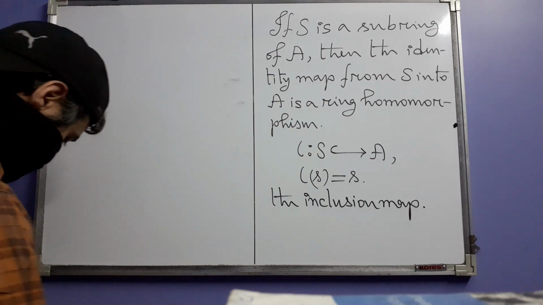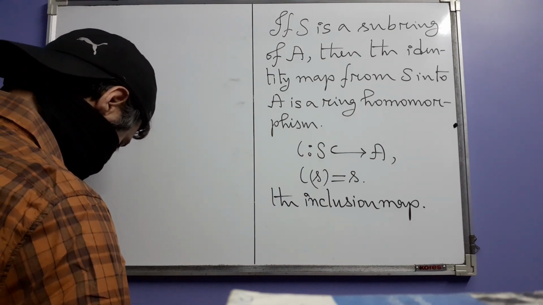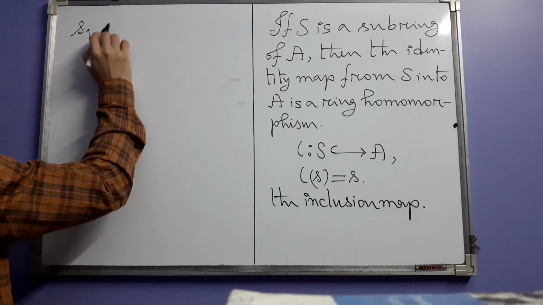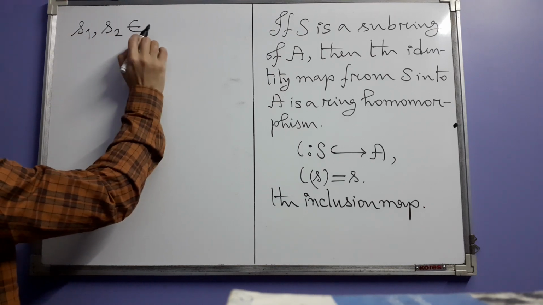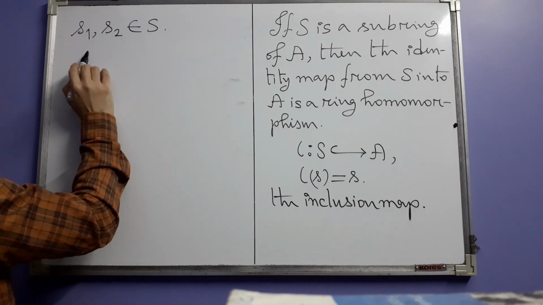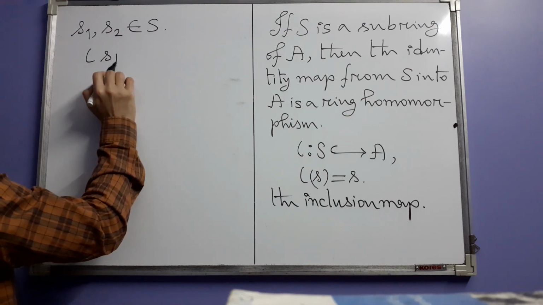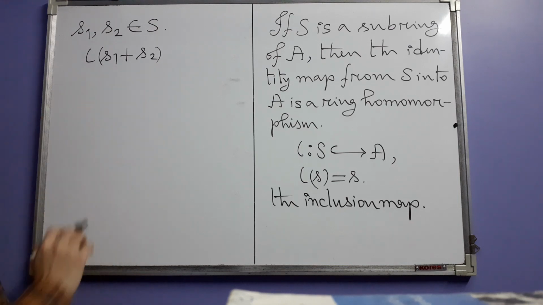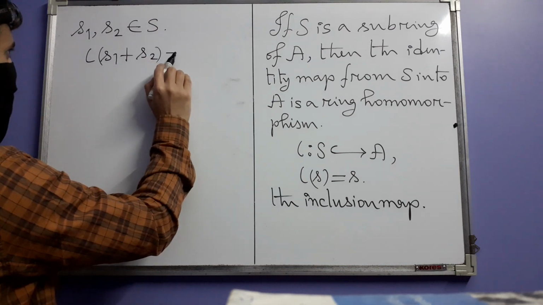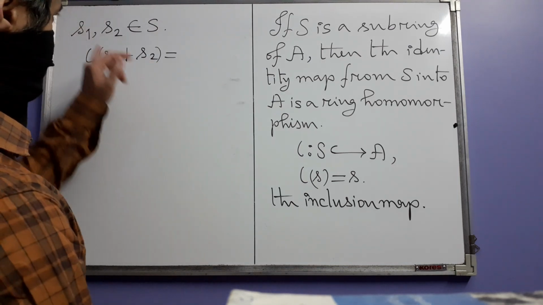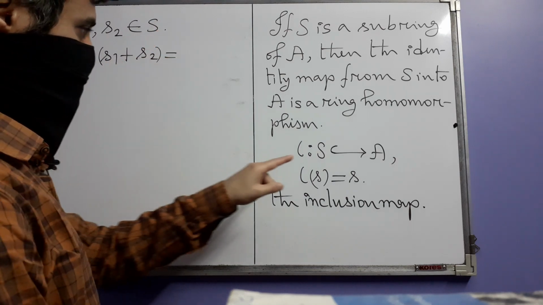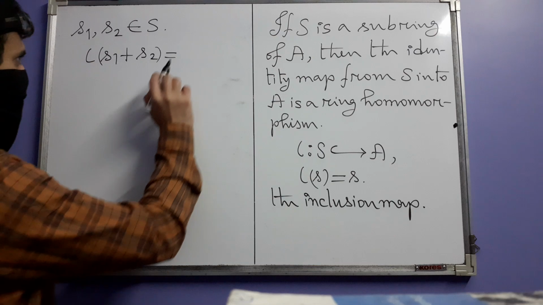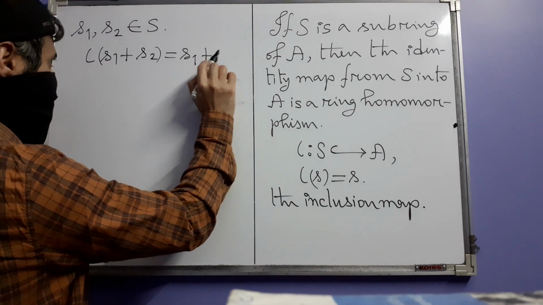Okay. Now let us take two elements s1 and s2 in S and apply the inclusion map on s1 plus s2. Because s1 and s2 are elements in S, s1 plus s2 is again an element in S, and by the definition of iota, this is simply s1 plus s2.